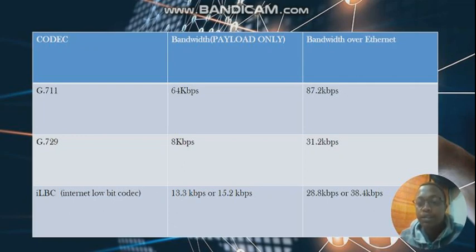So we get 8000 times 8, and we get 64 kilobits per second. Then this 64 kilobits per second would be either compressed or not and then sent over IP networks. So that's it when it comes to voice over IP.